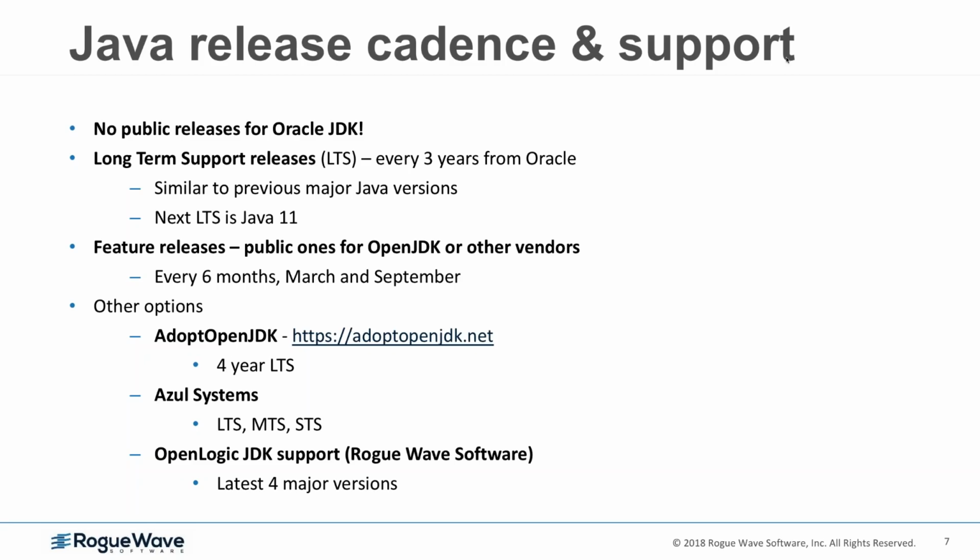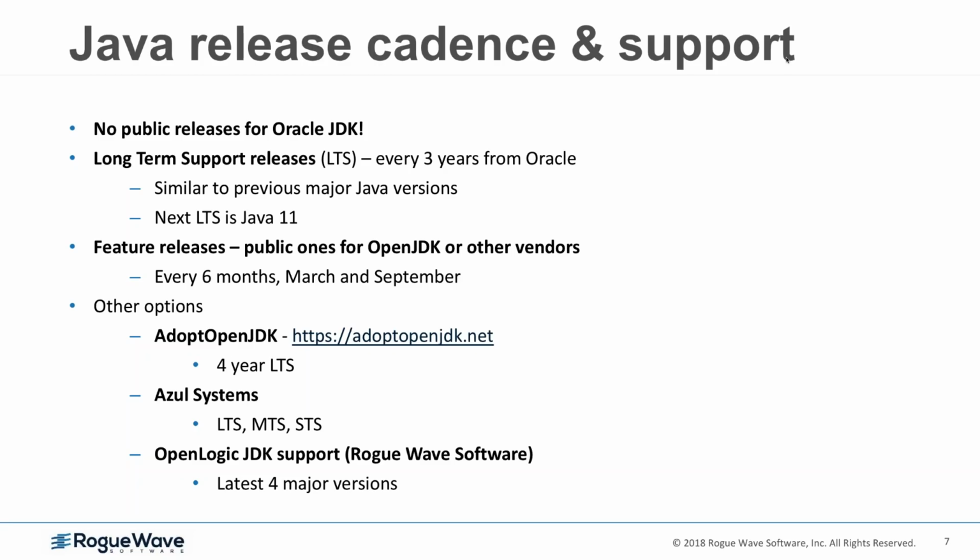It just happens that the next feature release will be an LTS. From here, again, the public releases that you can get your hands on without the subscription are mainly OpenJDK.